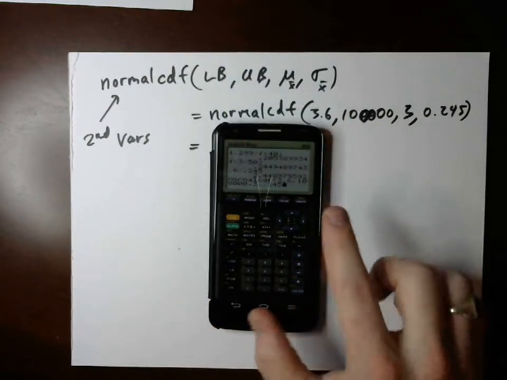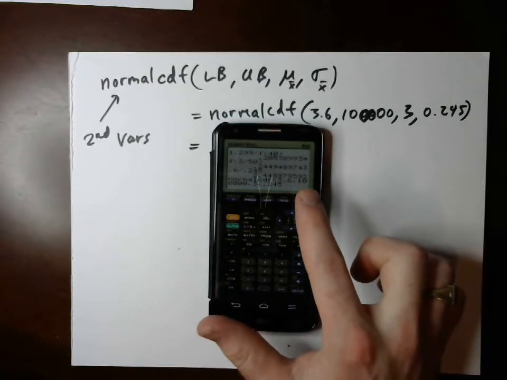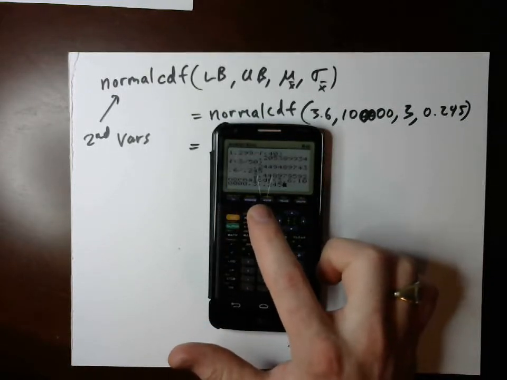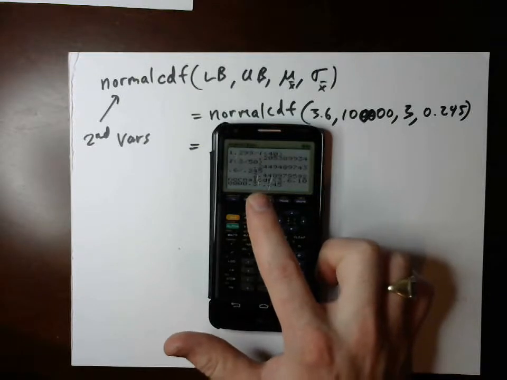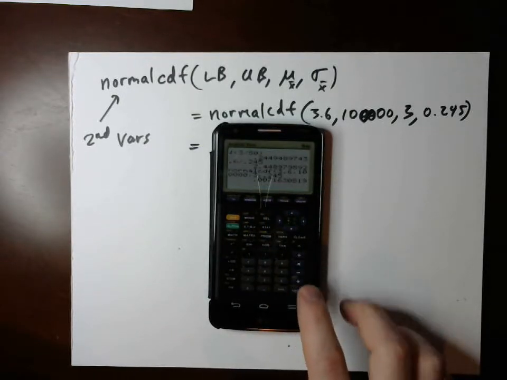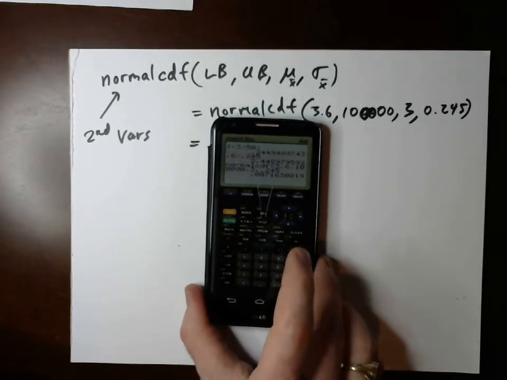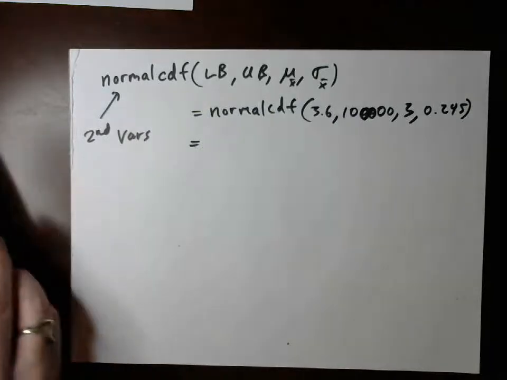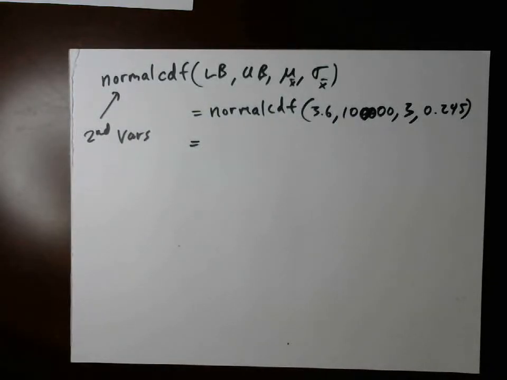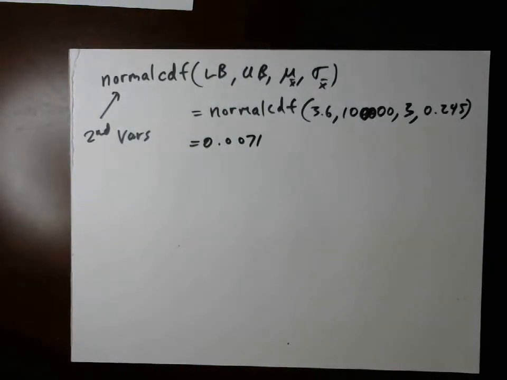So yeah, you can see normal CDF of 3.6, comma, a large number, comma, 3, comma, 0.245, and that equals 0.00763. Anyways, if you remember, that was approximately our answer. So that's what we had on the last page, 0.0071. Just a quick review of how to do this on the calculator.